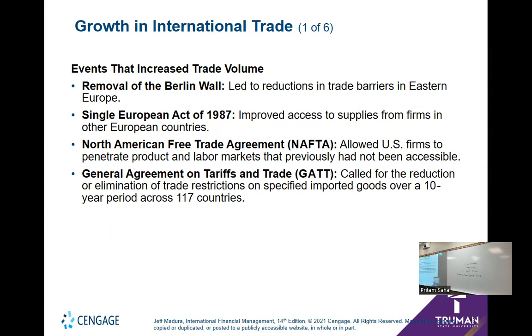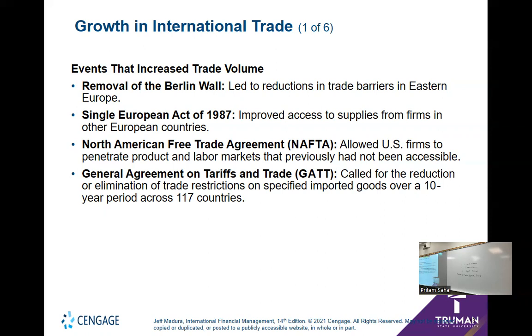And the most important thing, they can access cheap labor in Mexico, so that they can lower their cost of production. So there is a lot of mobility between US and Mexico for this agreement.